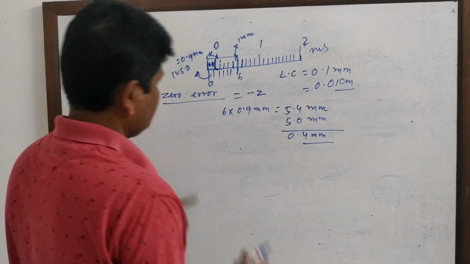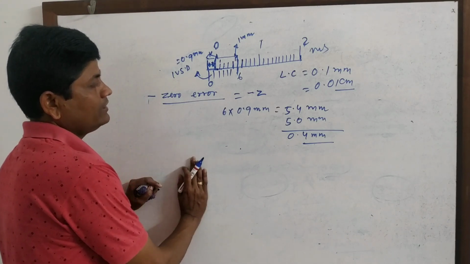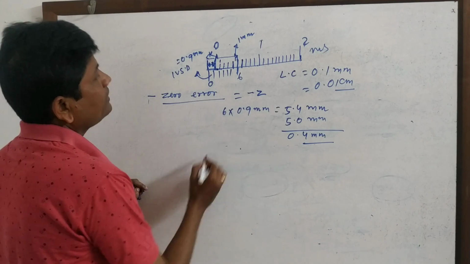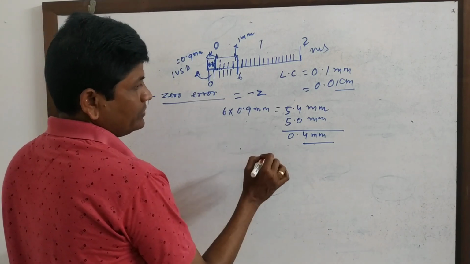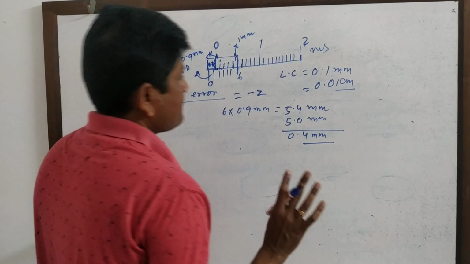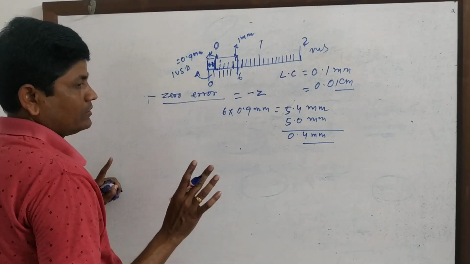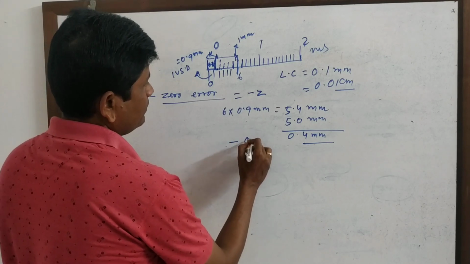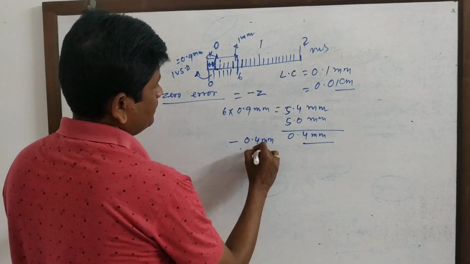In this way we can calculate the negative zero error. In this case the negative zero error, which will be subtracted from the final counting, is minus 0.4 mm, okay.